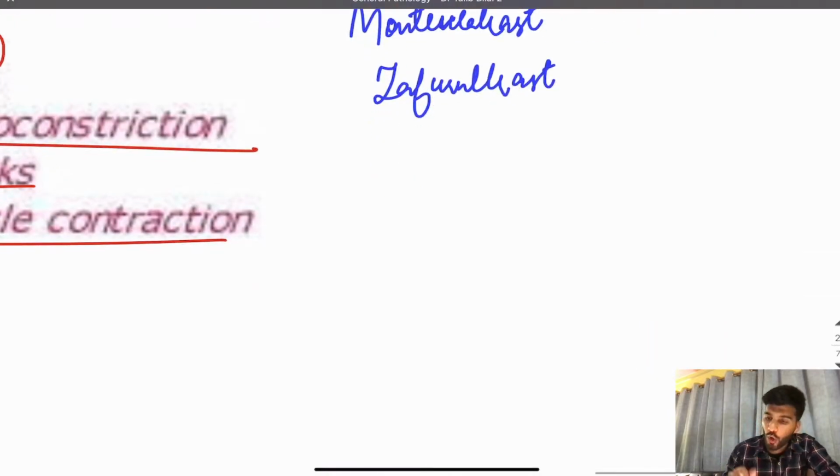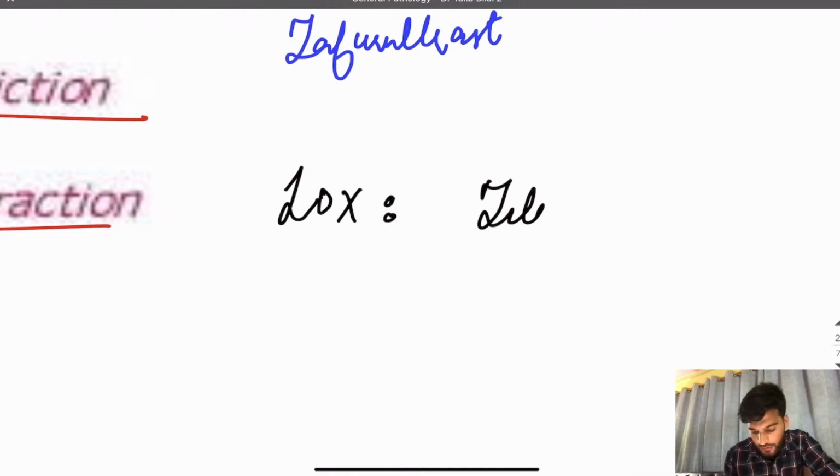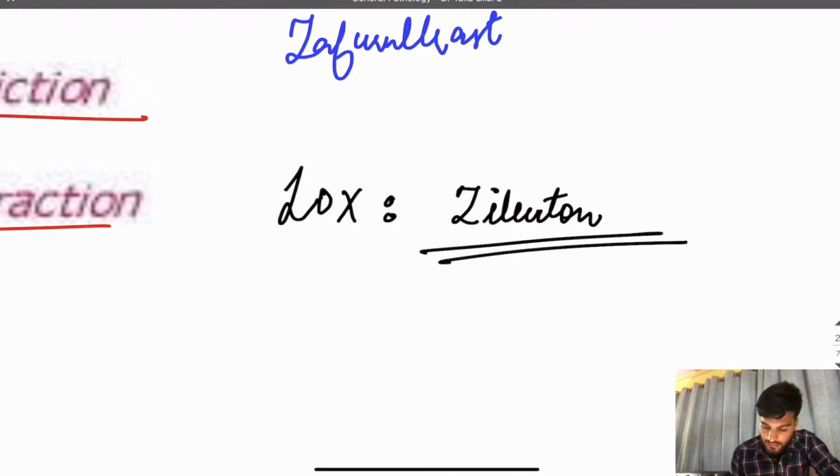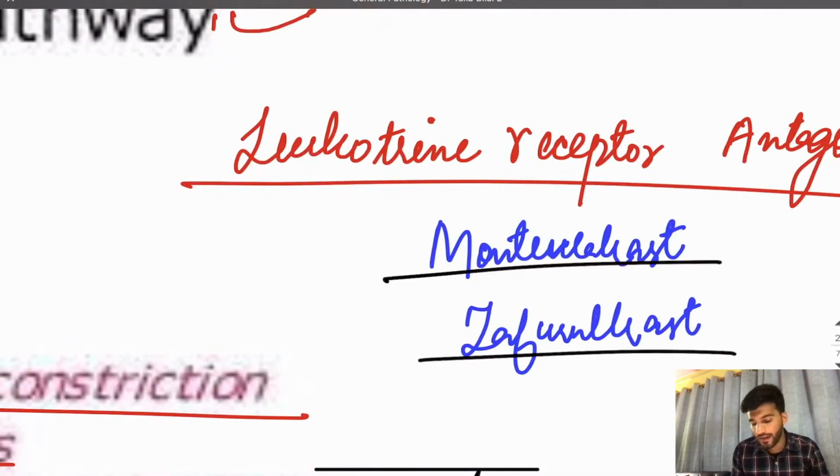If you have a lipooxygenase drug that directly works on the lipooxygenase LOX, that is zileuton. That is the LOX inhibitor zileuton. If it's a receptor antagonist, montelukast and zafirlukast.